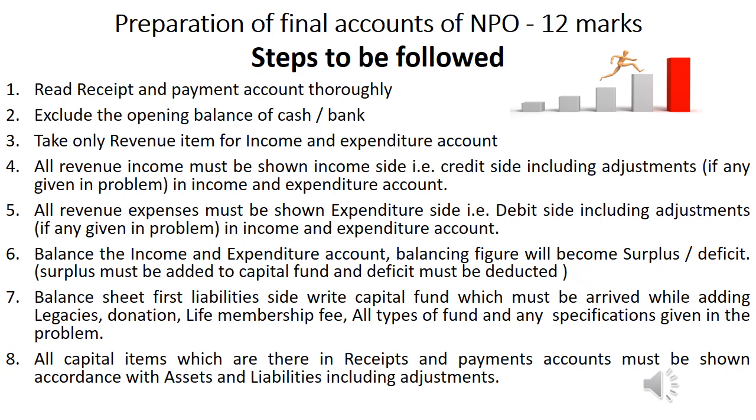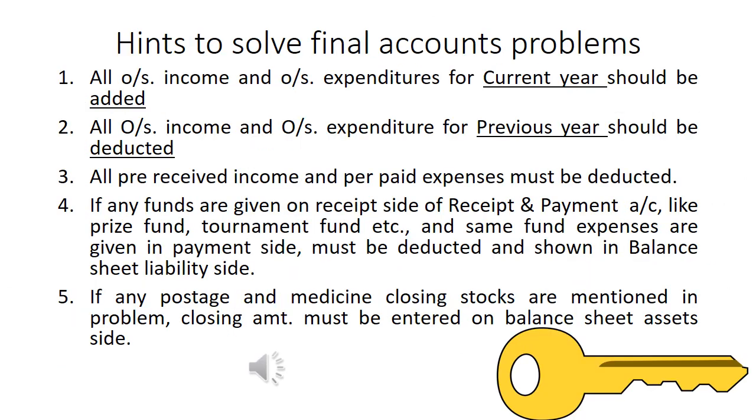Clear? Then coming to the second slide, that is hints to solve the final accounts problem of NPO. Very important here: all outstanding income, outstanding refers to what we still have to receive if it is an income, and if it is an expenditure, what we still have to pay. Last year we solved problems on outstanding salary and outstanding insurance, remember?